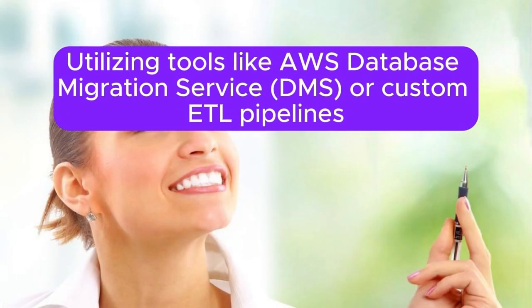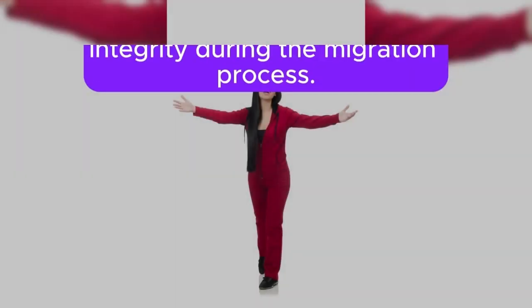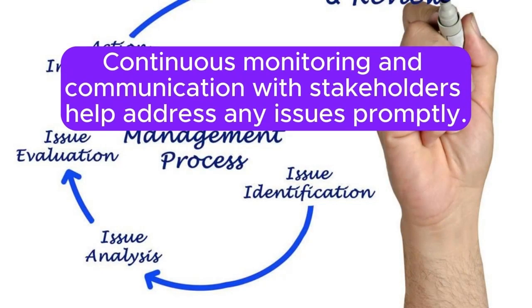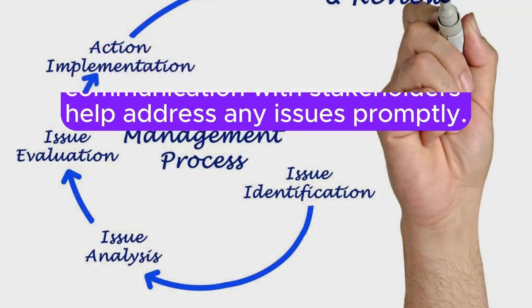Utilizing tools like AWS Database Migration Service, DMS, or custom ETL pipelines ensures data consistency and integrity during the migration process. Continuous monitoring and communication with stakeholders help address any issues promptly.